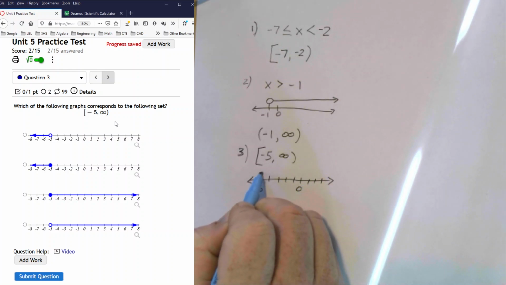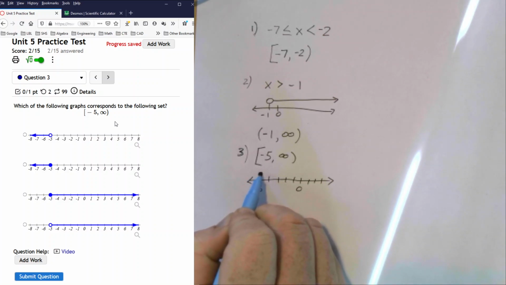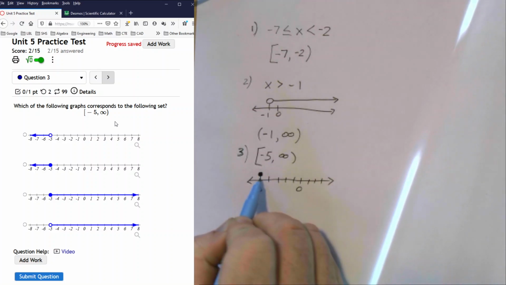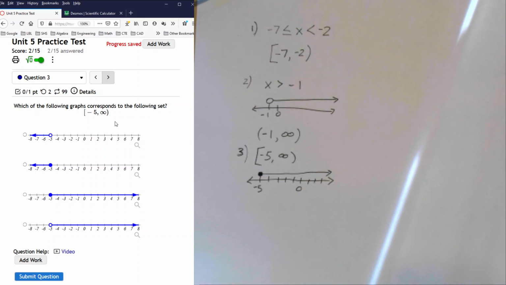So -5 has a square bracket, so it could be equal to -5. So we want a solid circle there. And then on the right-hand side, there's no end to that, so that's just going to keep going on forever. So -5 to positive infinity. So it won't be that one because of that square bracket.